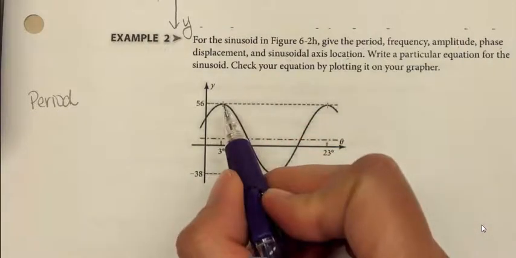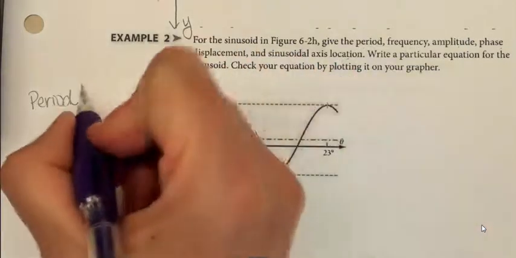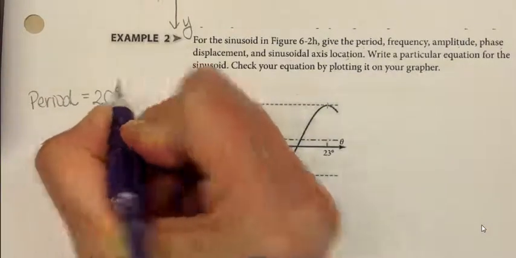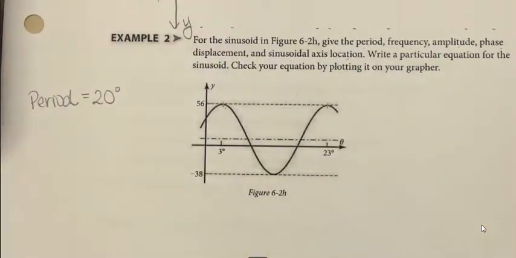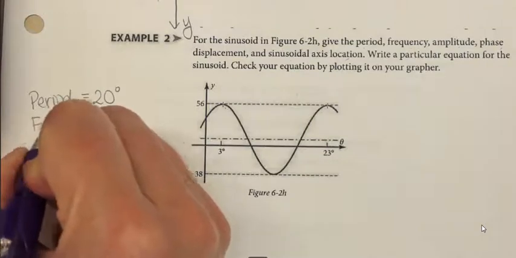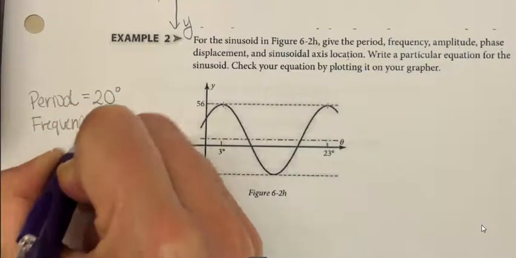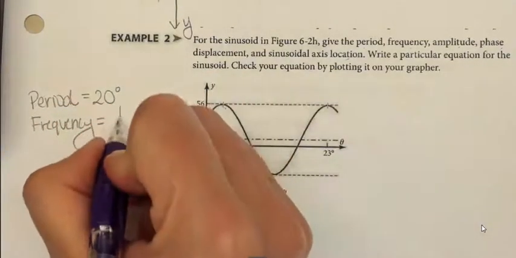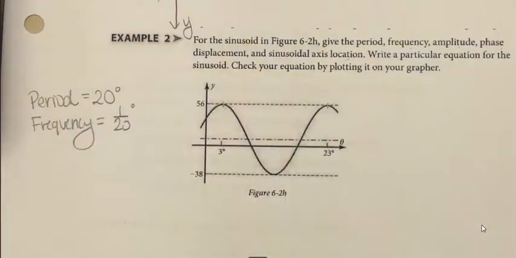I notice that it's from 3 to 23. So I believe that the period is 20 degrees, which then tells me that my frequency is the reciprocal of that, 1/20th of a degree. That's how long it takes for it to complete one cycle.